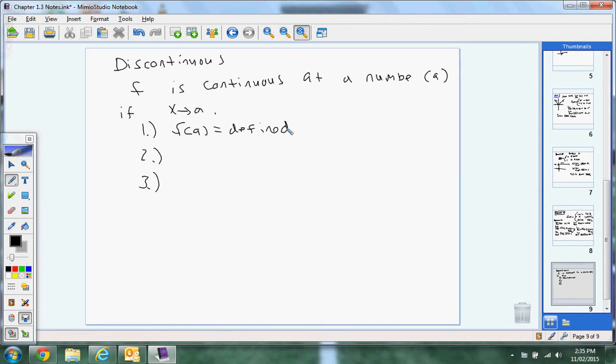If it's not defined, then it's going to be discontinuous, or we can't take the limit. Second thing, in order to have continuity, that has to happen. These 3 things are all required. Limit as x approaches A of f of x exists, so the limit exists itself.